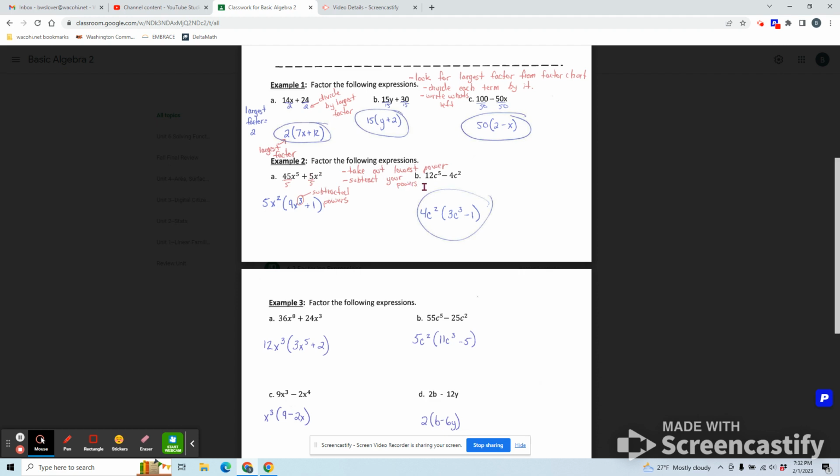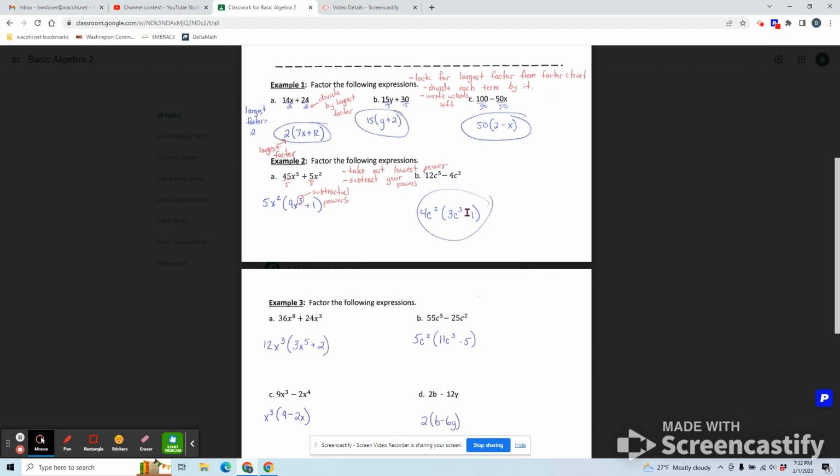Letter B, same idea. Find my greatest common factor for the coefficient. In this case, it's 4. Then I take the lowest power, because they're both c's. So c to the 5th, c squared. c squared is my lowest power. So I divide each term by 4c squared. 12 divided by 4 is 3. 4 divided by 4 is 1.